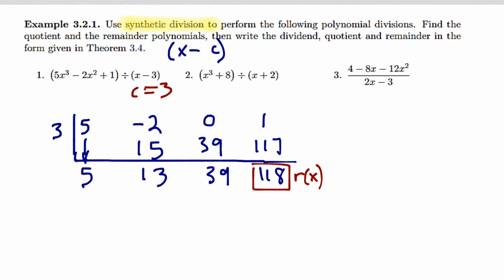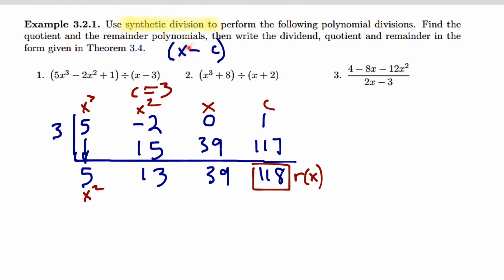Now, remember when we set this up, this was your x cubed term, this is your x squared, your x, and then your constant. Well, after you do the division, your quotient, which is going to be made using these numbers underneath, is going to be 1 degree less. Your quotient is always going to be 1 degree less if we're dividing by a linear polynomial. What I mean by that is x minus 3.